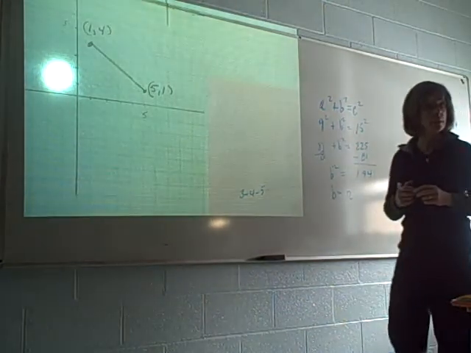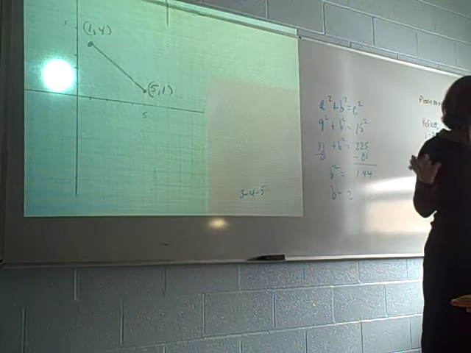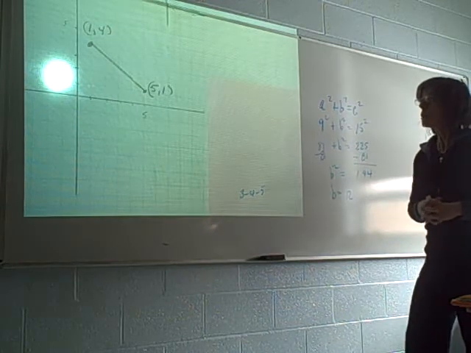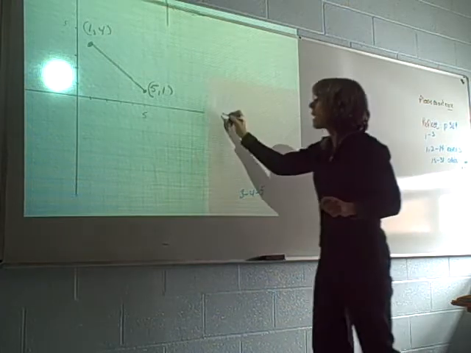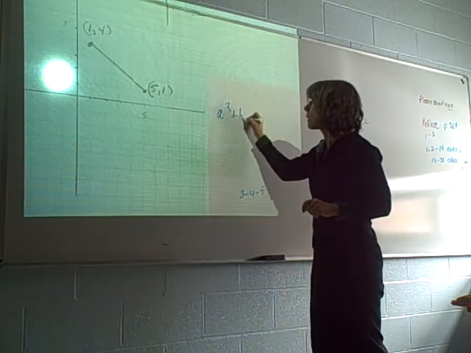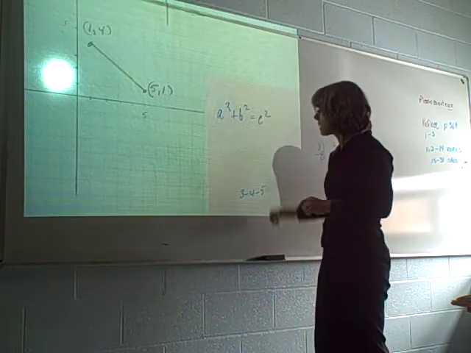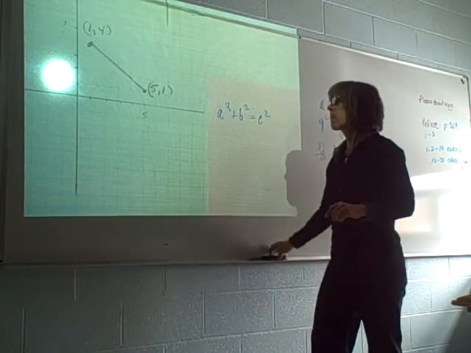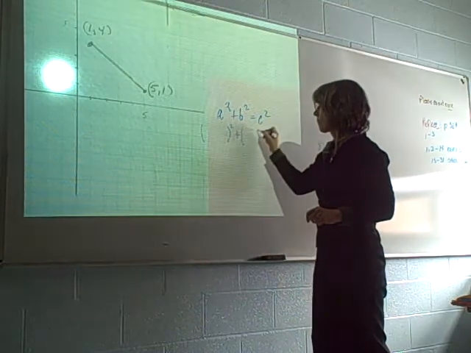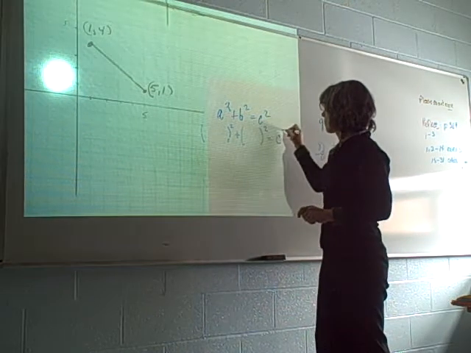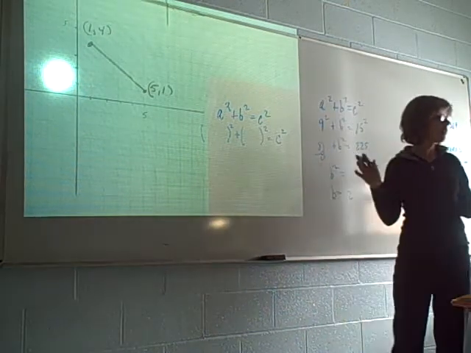It's called the distance formula. Many of you learned this last year in geometry. So if I have an ordered pair, and I'm using the Pythagorean theorem as my basis, would you agree with that so far?